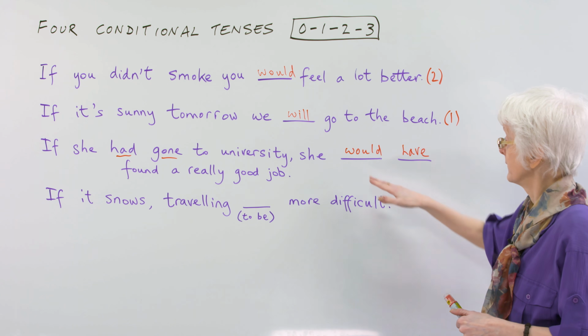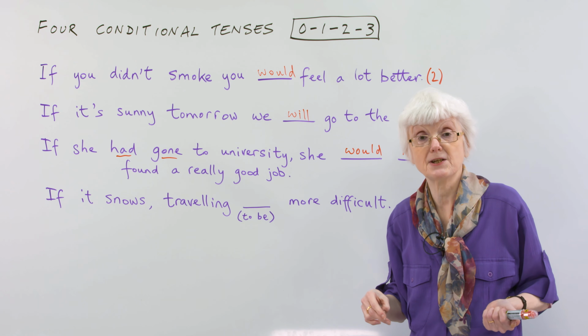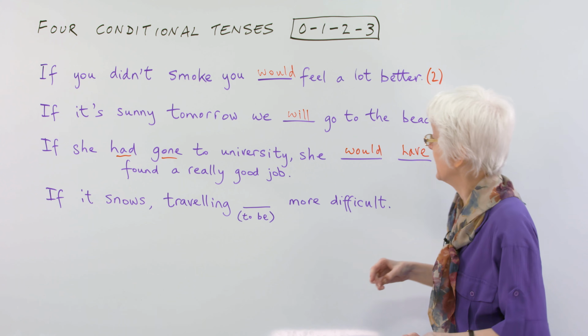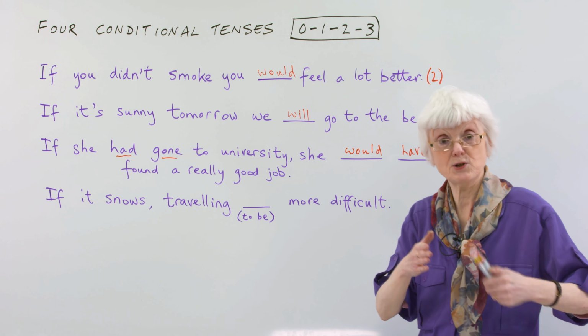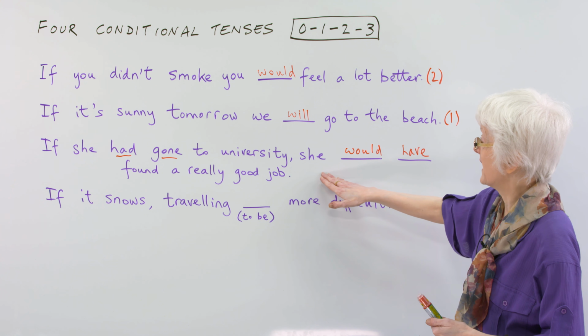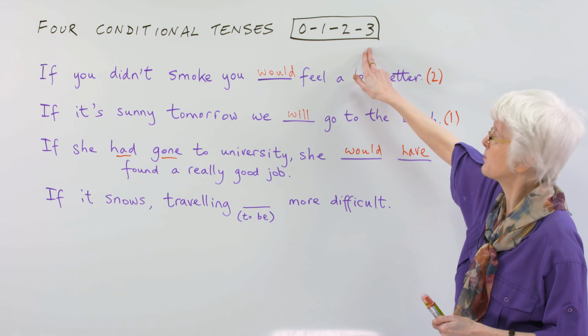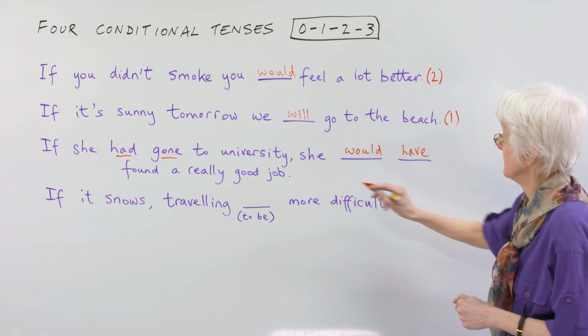So, in a way, it's never too late to go to university, within reason, but it's too late for her at the moment. So, okay, that's the most complicated one, the third conditional.